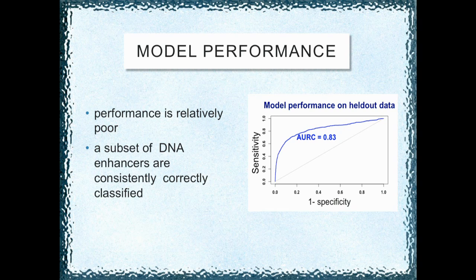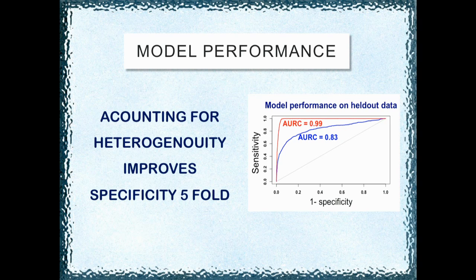These are a homogeneous subclass, and if we set all the other enhancers aside, say they are not part of our training set anymore, and only focus on those particular enhancers, our predictions become drastically more accurate. Our errors drop by a factor of 5, and this really indicates that there is a boundary between the different enhancer groups.